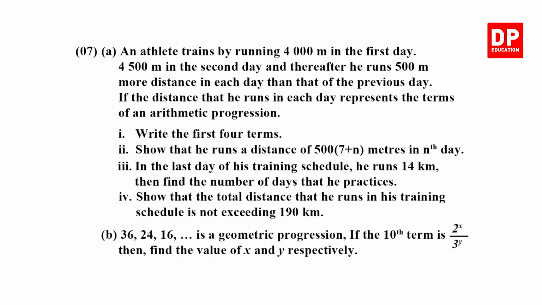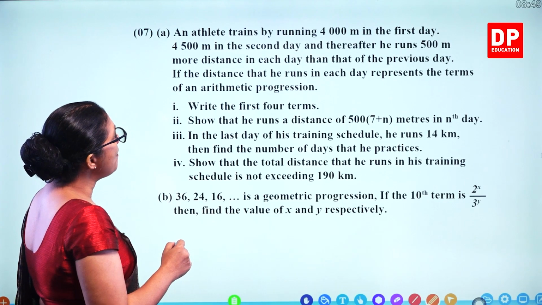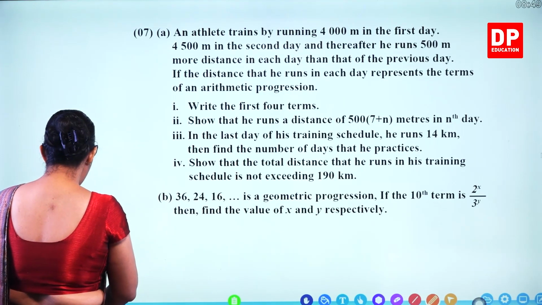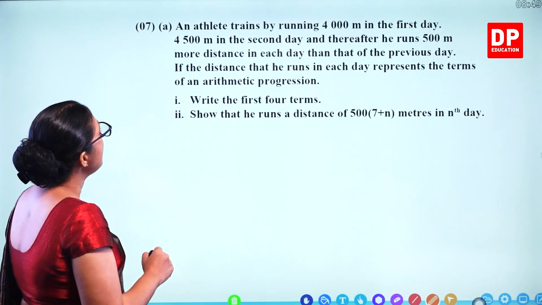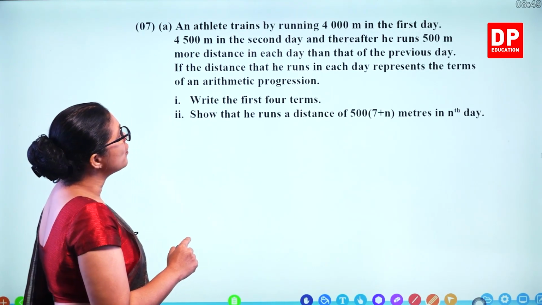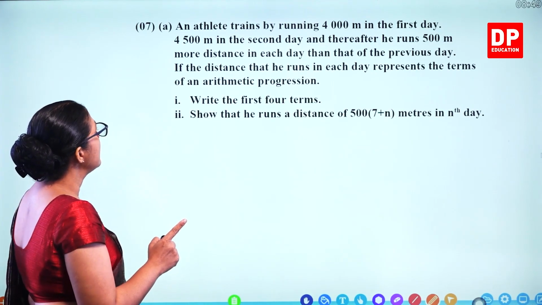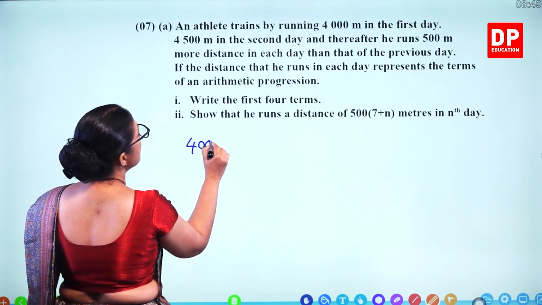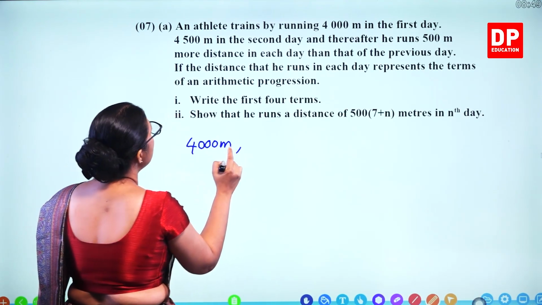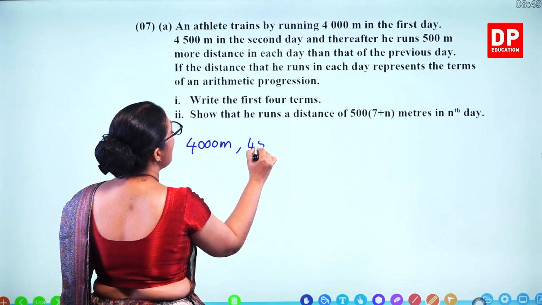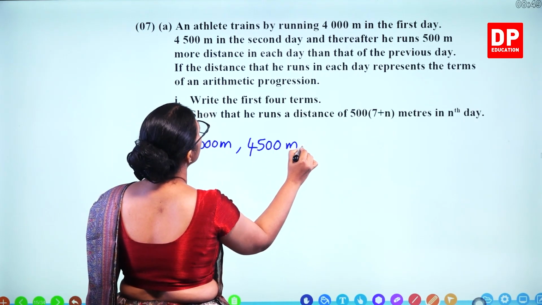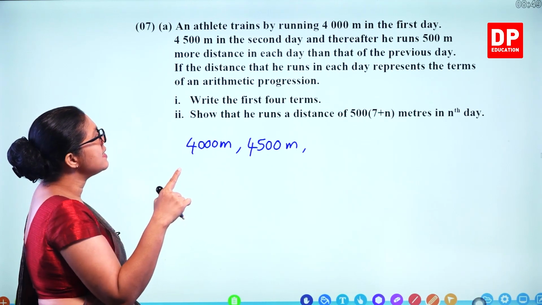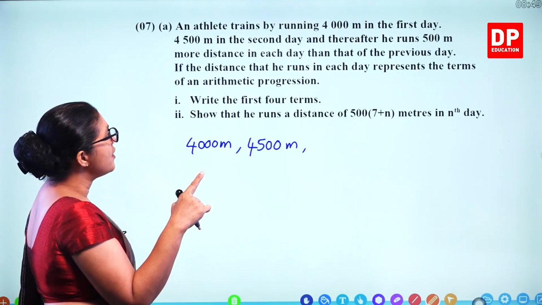Question number 7. This is about number patterns. So, we'll do it separately. An athlete trains by running 4,000 meters on the first day. So, we'll write down first day 4,000 meters, and the second day 4,500 meters. And thereafter he runs 500 meters more distance each day than the previous day.